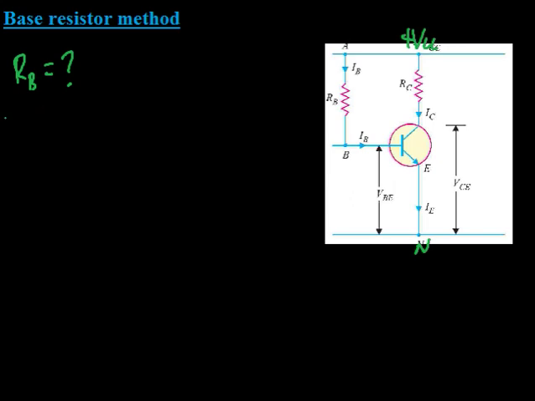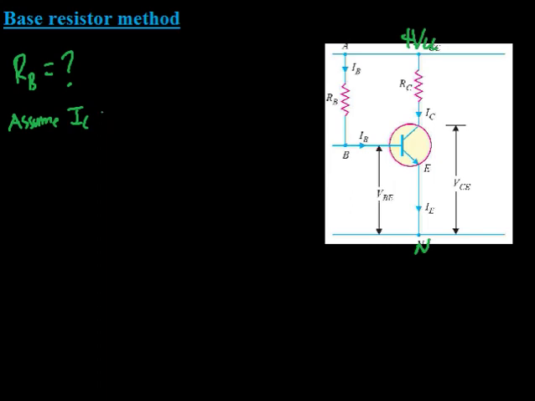For that, first of all we will assume a proper IC. We will know the input signal, the negative peak of the input signal, and from that we will get the minimum value of the collector current that should flow through the circuit in the absence of the signal.